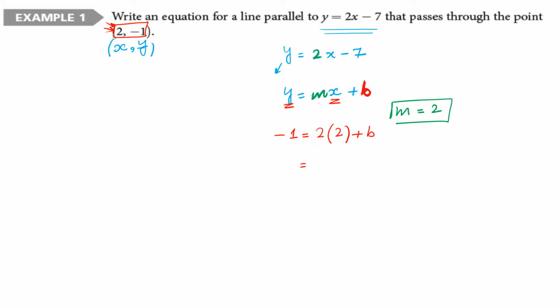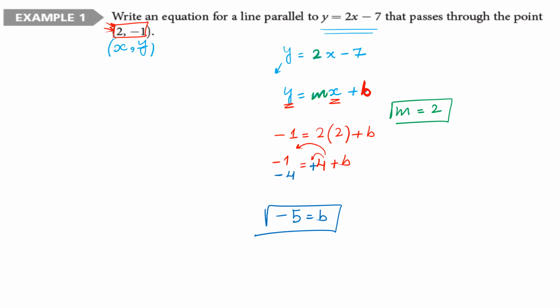Now 2 times 2 gives you 4, the rest as it is. Bring the 4 here. Now before the 4, a positive sign is written, so when it goes to the other side, positive changes into negative. So negative 1 minus 4 gives you negative 5, and this is the value of our y-intercept.